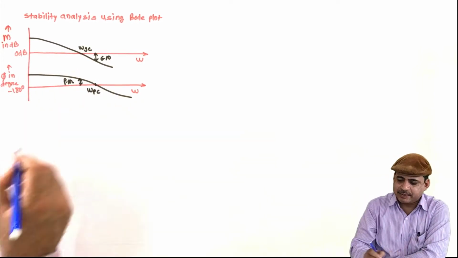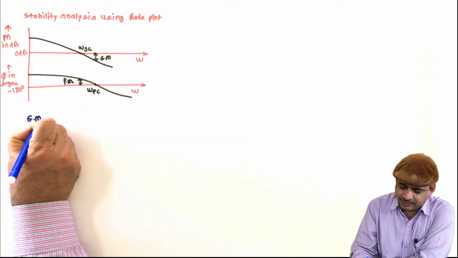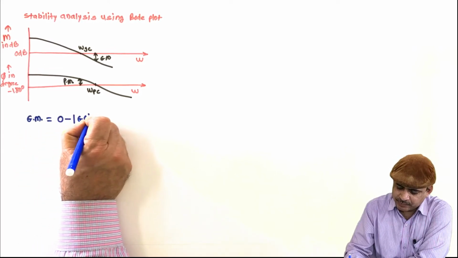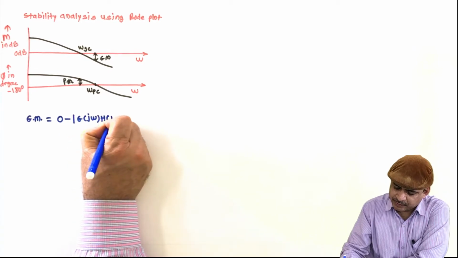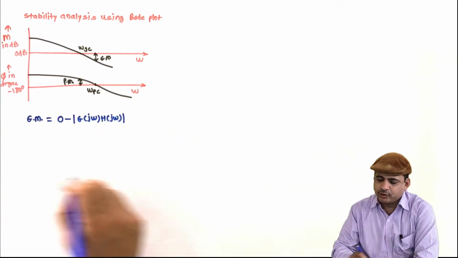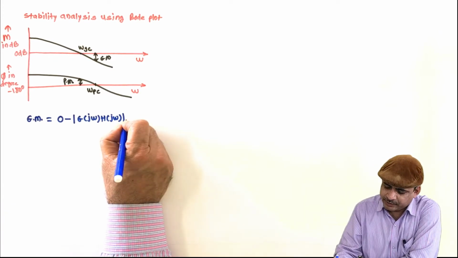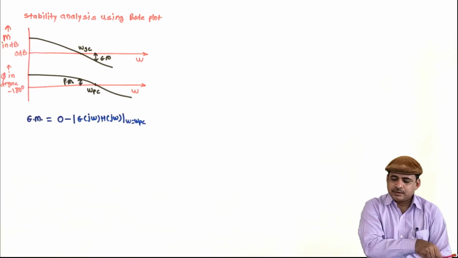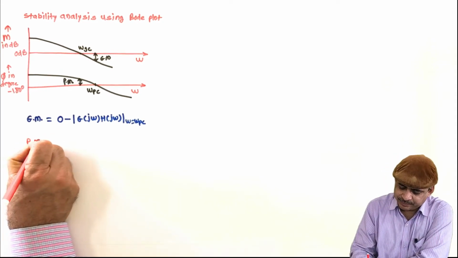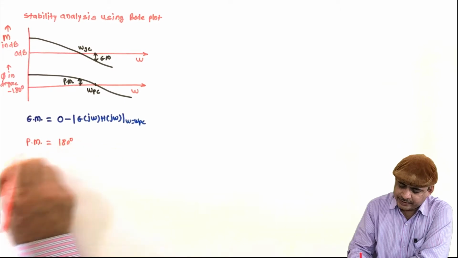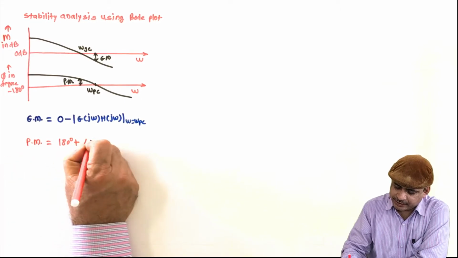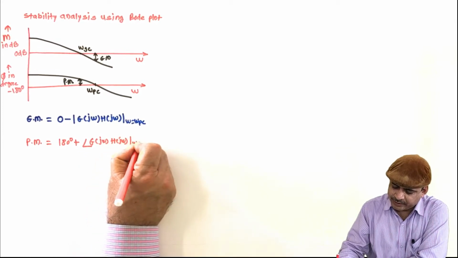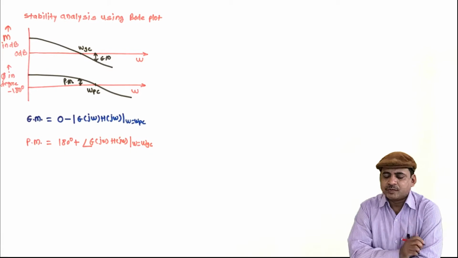And this gain margin and phase margin can be written as gain margin is equal to 0 minus magnitude of G of j omega H of j omega at omega equal to omega pc, and phase margin is equal to 180 degree plus angle of G of j omega H of j omega at omega equal to omega gc.